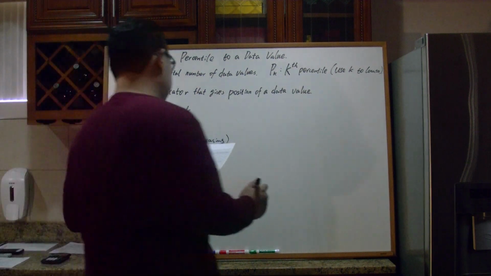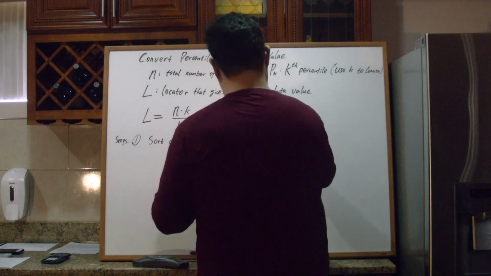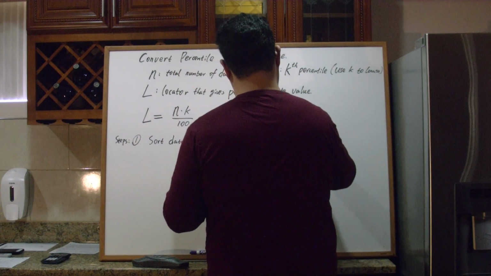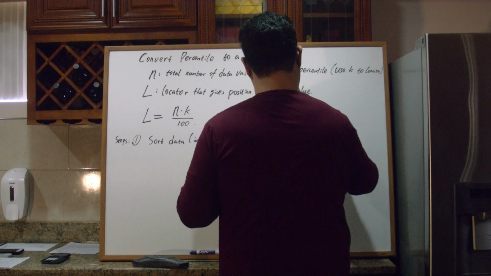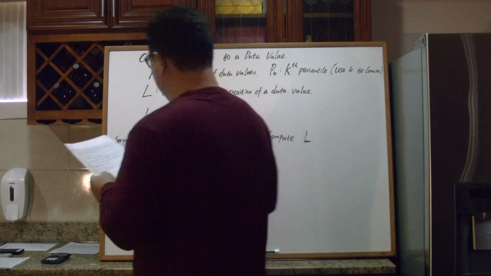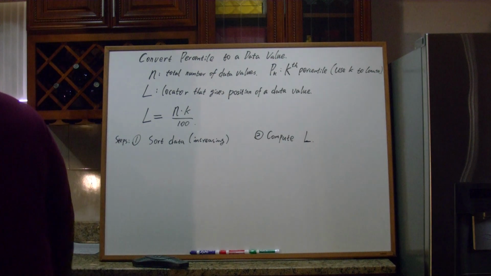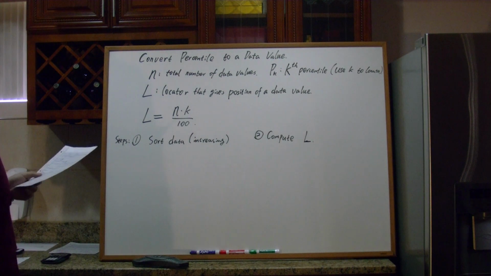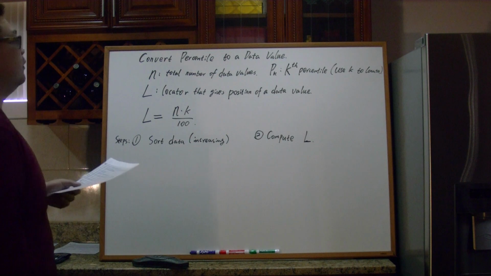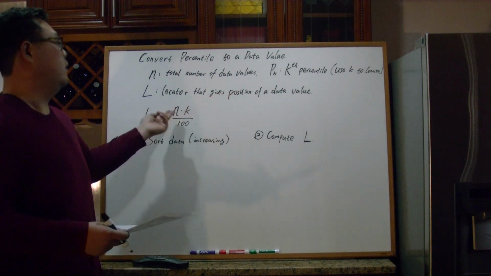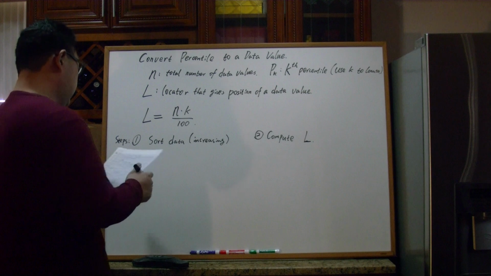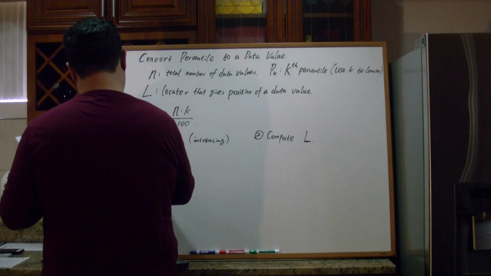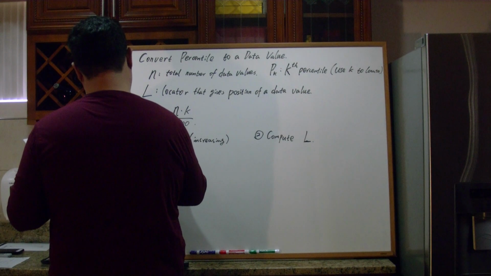The second step is to compute L, which is n times k over 100. Use that formula to compute L. Of course, we know the k, and we have to know the n, given the data itself.